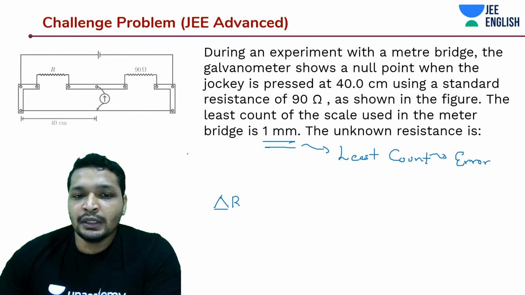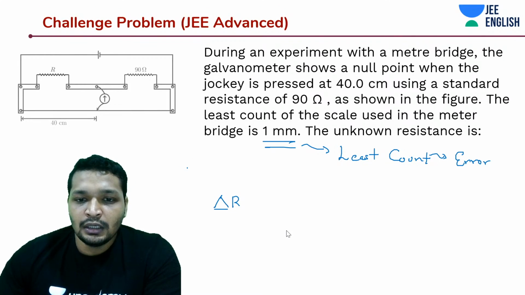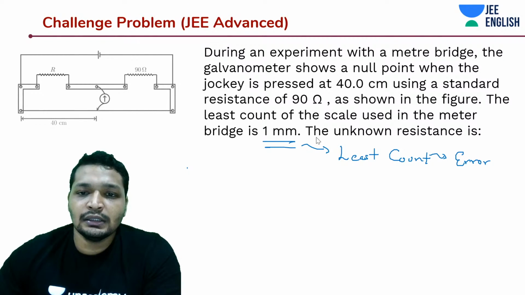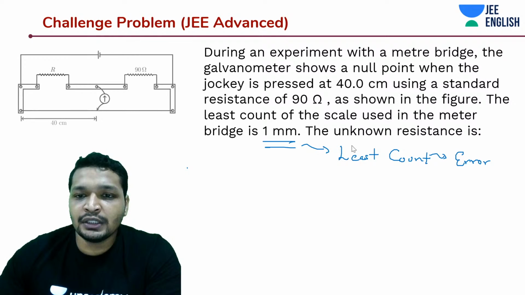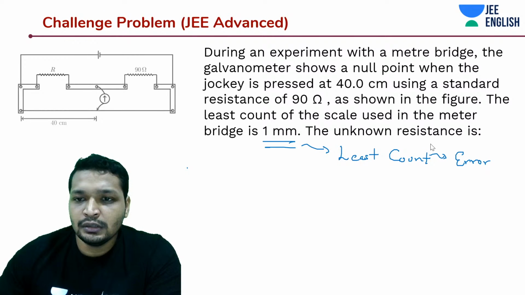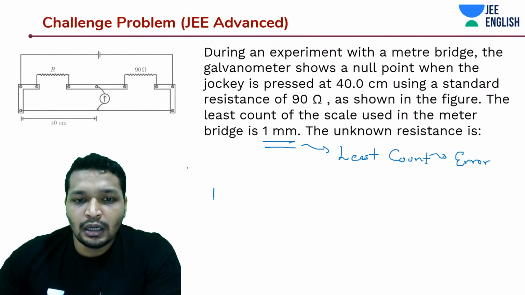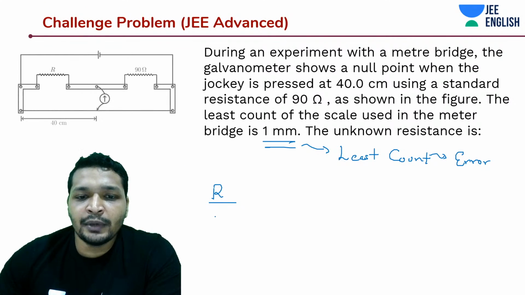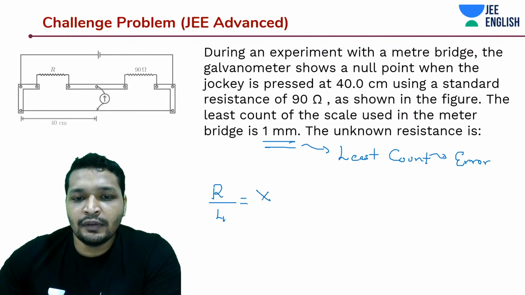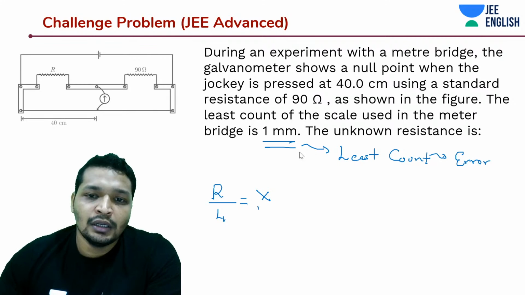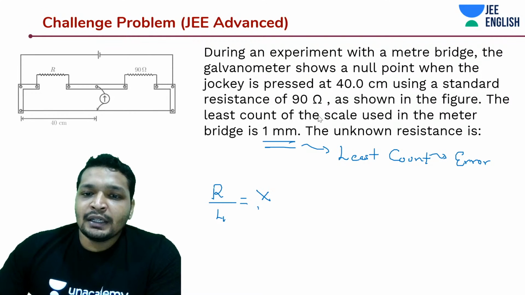Okay, first of all, let me just take you through this concept a little bit. So what we add, something like this. I'm just directly writing down the equation. R divided by L1 is equal to X divided by, can be written that way as well.